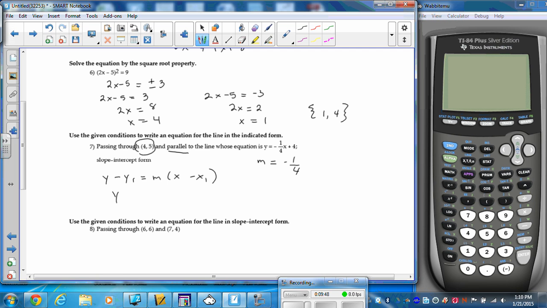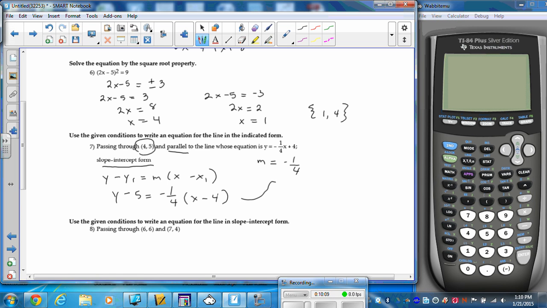So y minus 5 equals the slope, negative 1/4, and x minus 4. And they ask for this in slope-intercept form. Since this is point-slope form, I am going to simplify it.